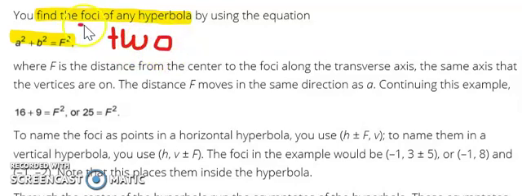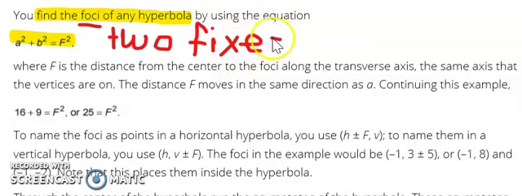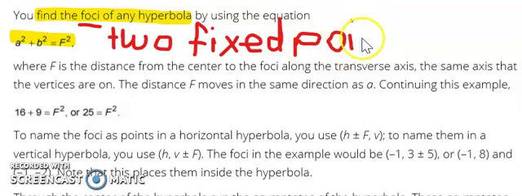So this is foci, F-O-C-I, two fixed points. The foci are the two fixed points of any hyperbola.